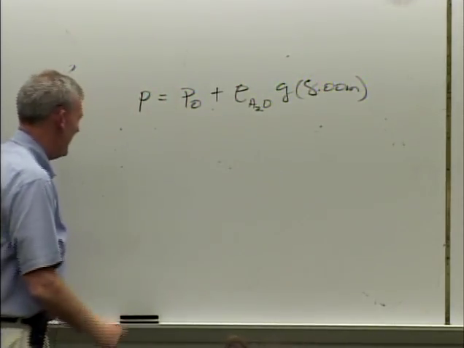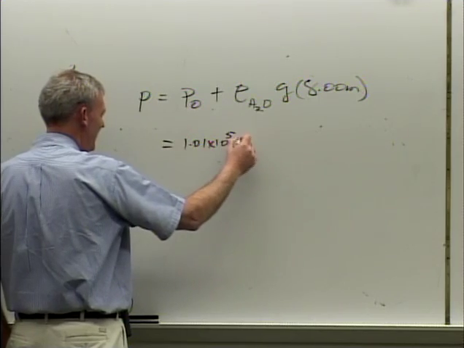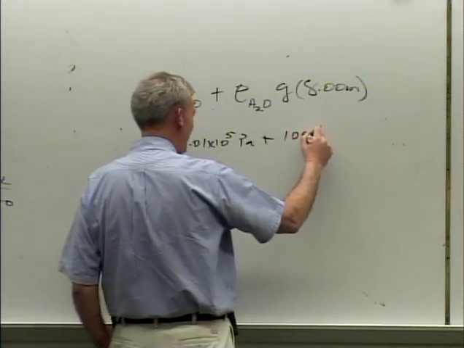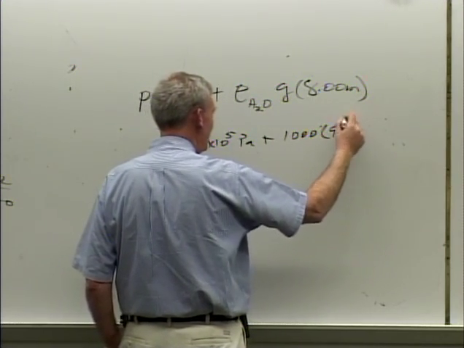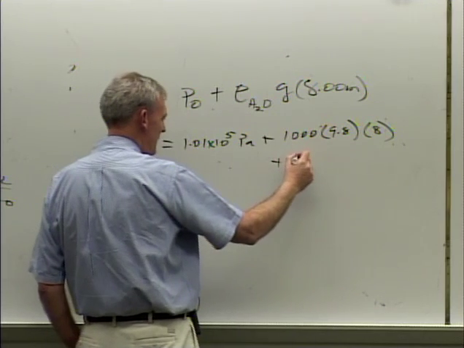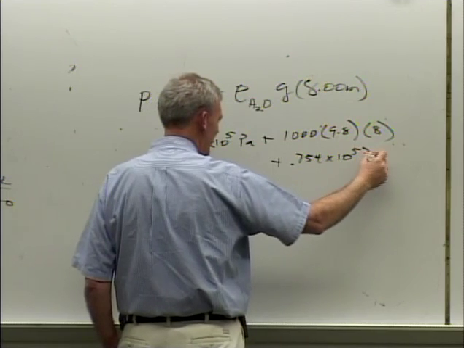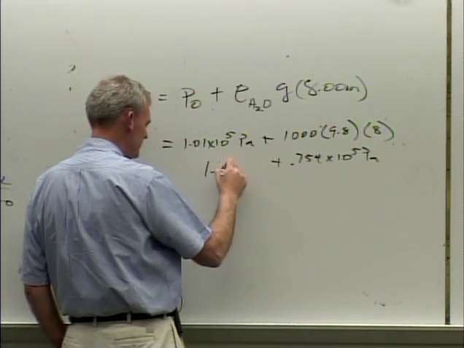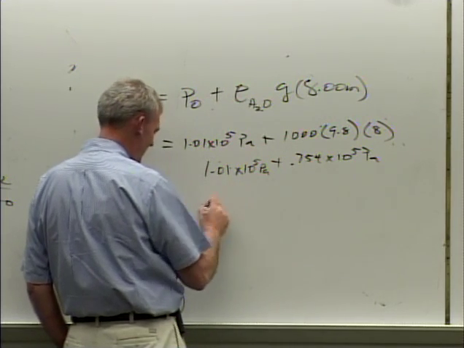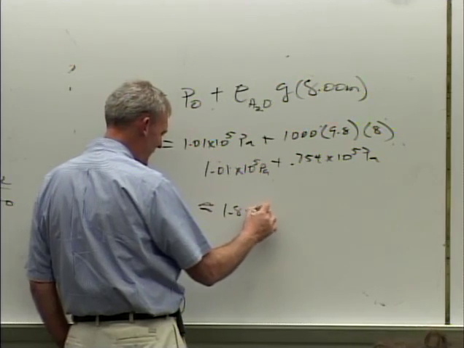Well, that's not very bad. This is equal to 1.01 times 10 to the 5th pascals, plus 1,000 times 9.8 times 8. That comes out to be 0.754 times 10 to the 5th pascals. And so this all comes out to be roughly 1.8 times 10 to the 5th pascals.